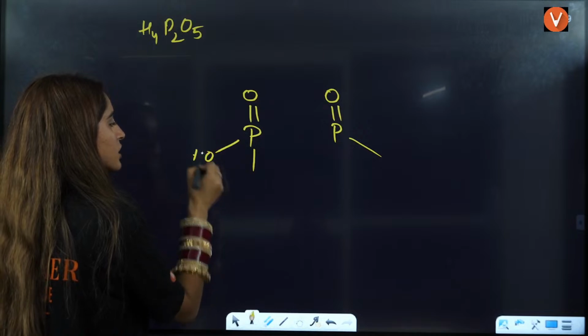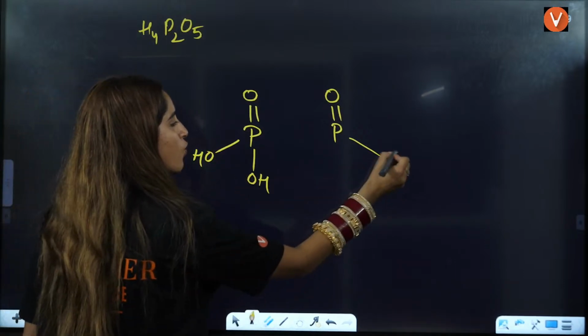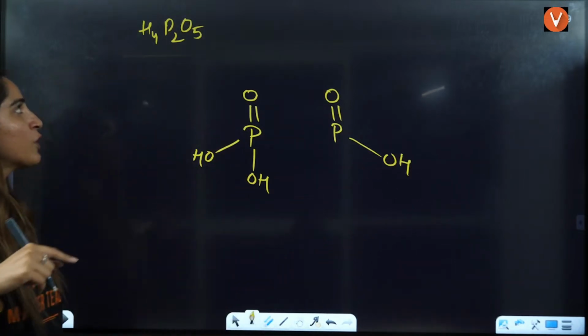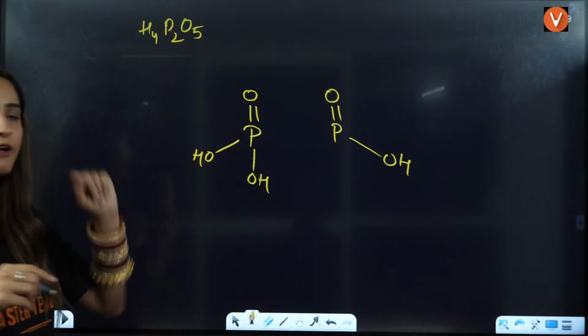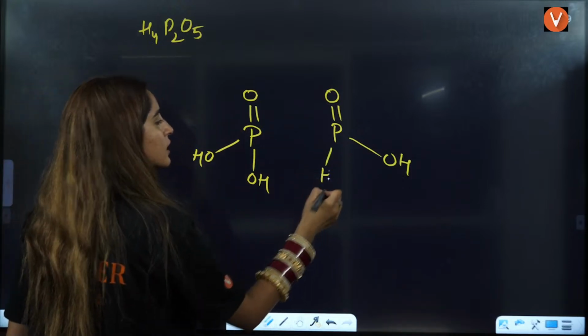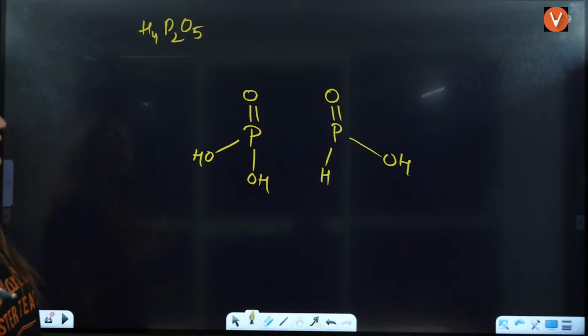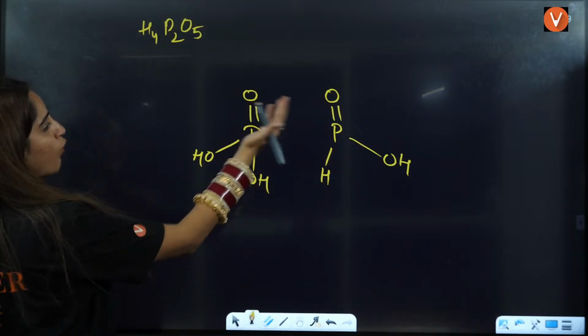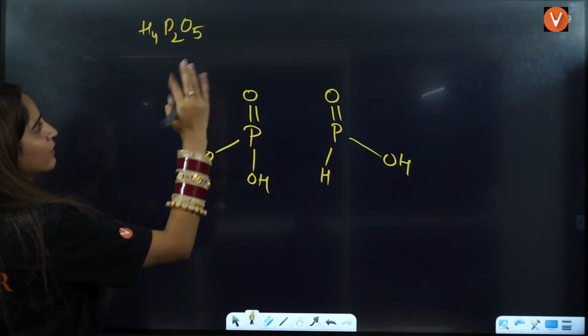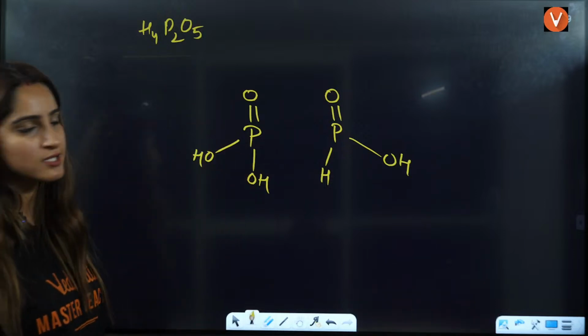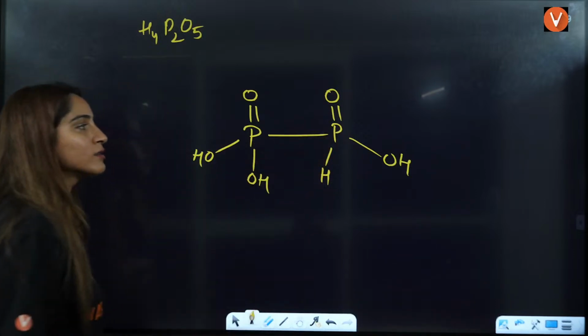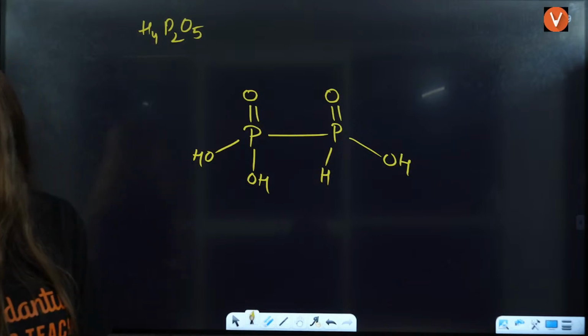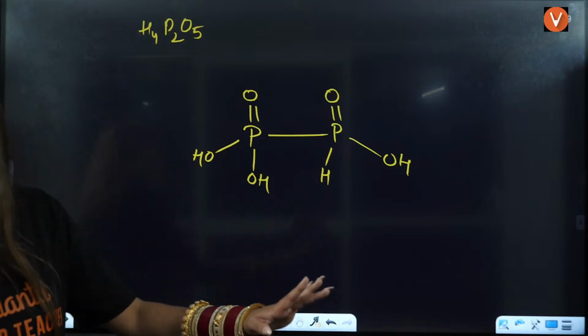Okay, OH, this is OH, this is OH. Now still you are left with 3 hydrogens, still you are left with 1 hydrogen. Now you are left with only P2O, 1, 2, 3, 4, 5. And hydrogen is 4, that is consumed. So we will just draw this bond here, right? Okay, understood or not, beta?